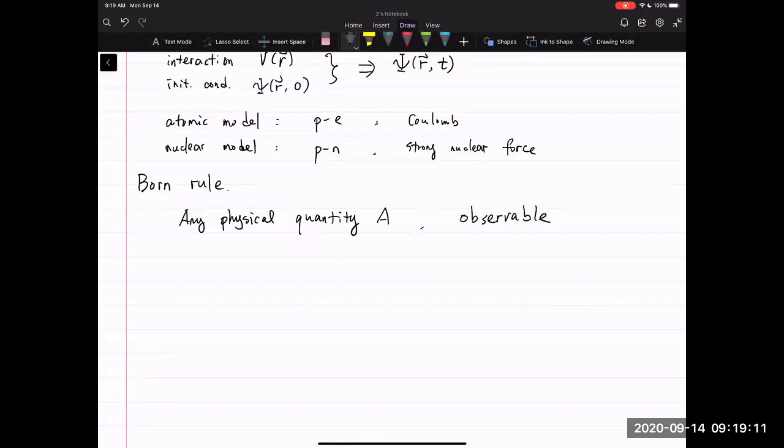So in quantum mechanics, it is represented by an operator. So any physical quantity A is represented by an operator. And the observable, meaning if we measure the physical quantity, what we can get, we put it in this angular bracket, A. And that is equal to the integral of this wave function star, where star means the complex conjugate of the wave function, and put A here and the wave function again here.